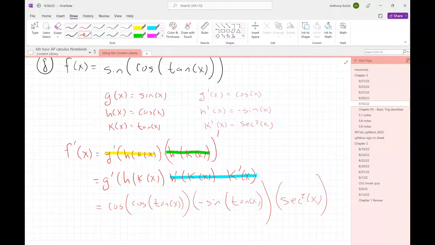You have composition of trig functions. So cosine of cosine is not cosine squared, right? Because it's not cosine times cosine. So it's not the same thing. You've got to be careful about that. Does that feel okay, what we did there?